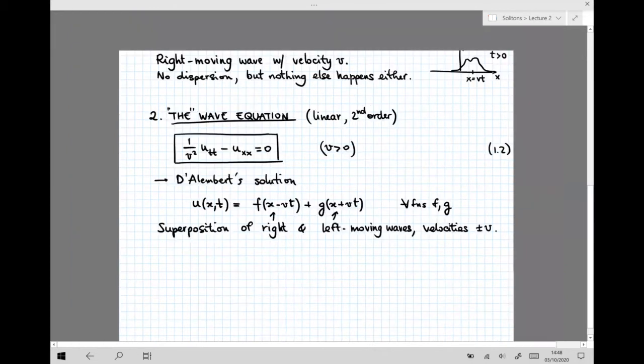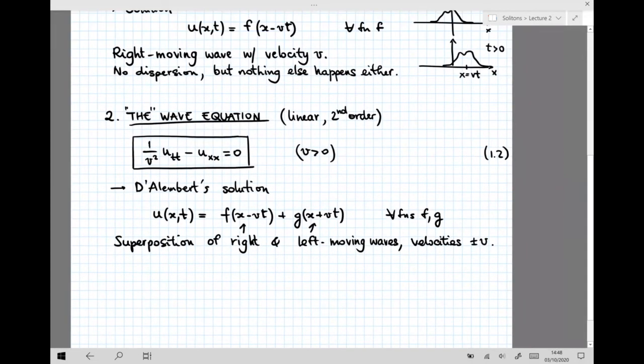So if we want to plot now what happens to an initial condition, the initial condition will look again something like this, some profile like this at t equals 0. But then to find out what the solution looks like at a later time, we'll have to decompose the initial condition in terms of the left moving and the right moving waves, so these functions f and g.